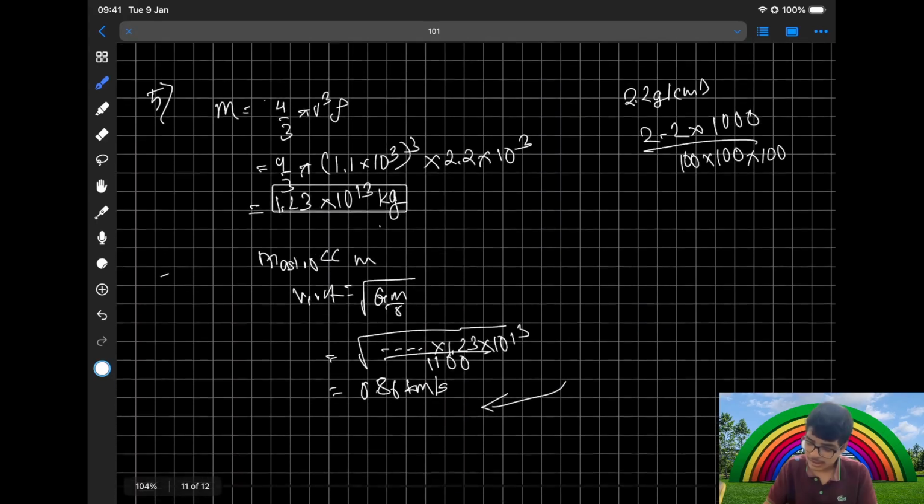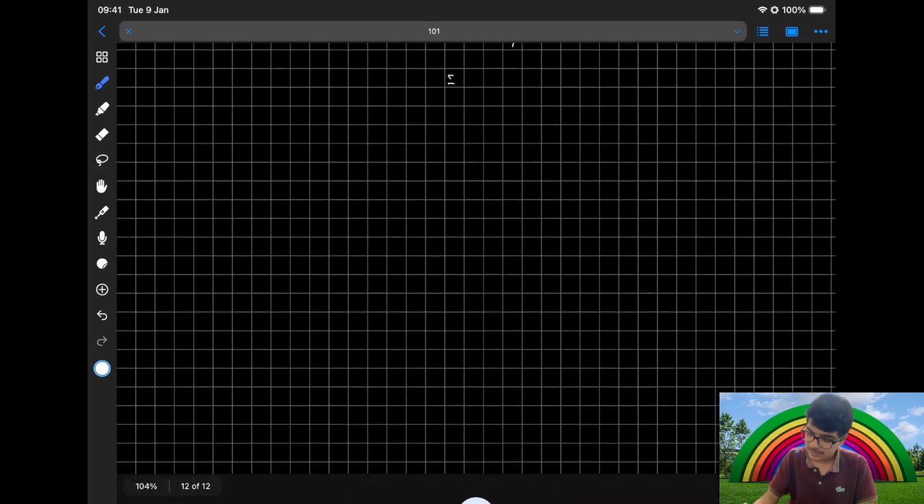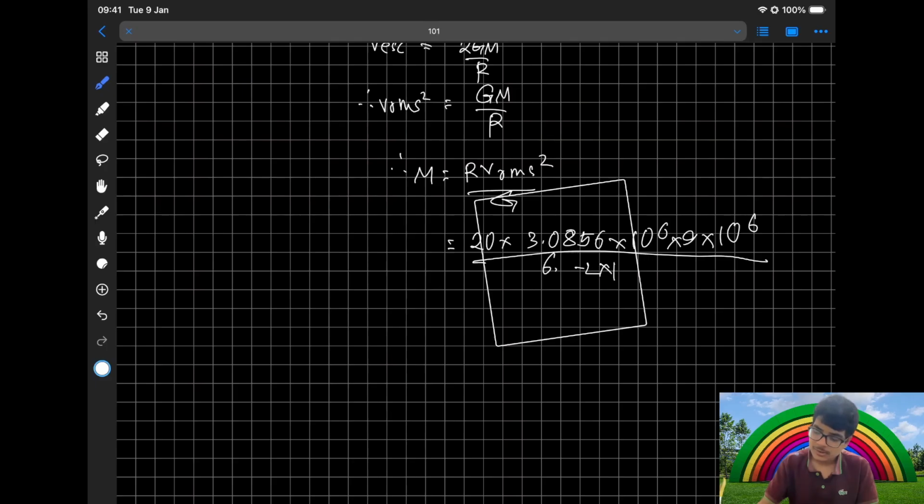We have r as 20 pc and 3 kilometers per second. So 20 parsecs, then 9 times 10 to the power 6 divided by 6.67 times 10 to the power minus 11. I like to use 6.67, but yep.